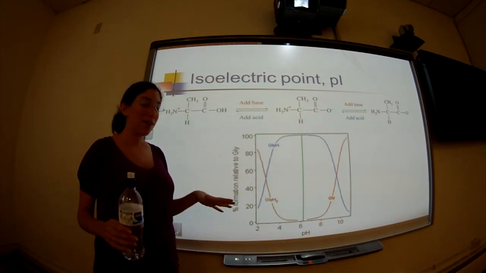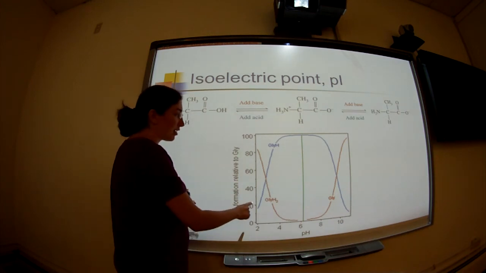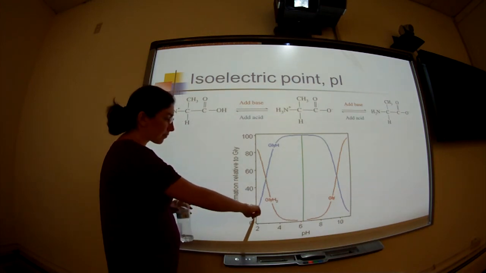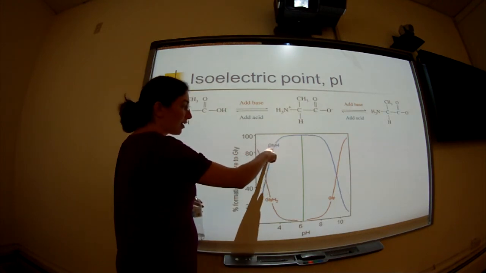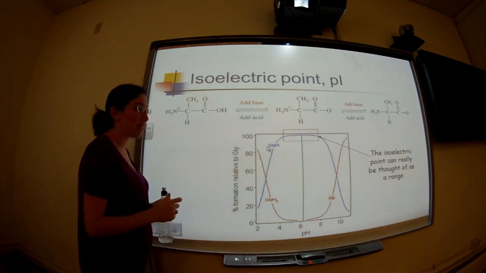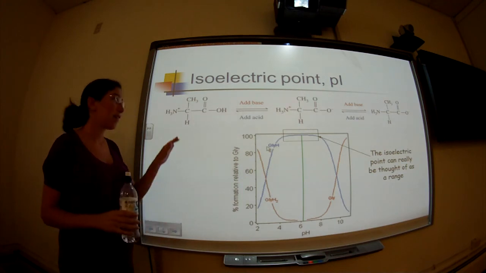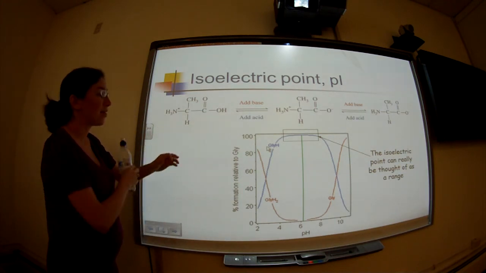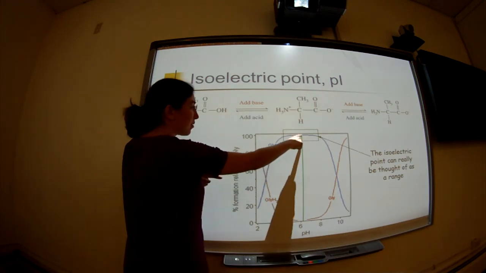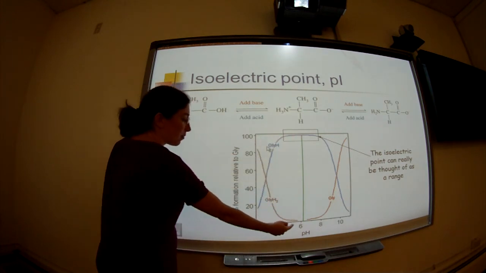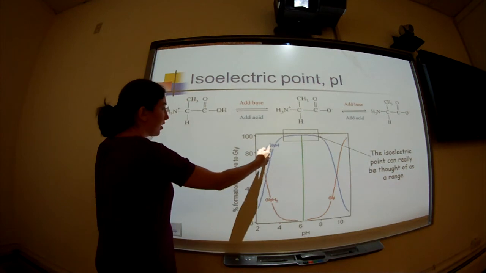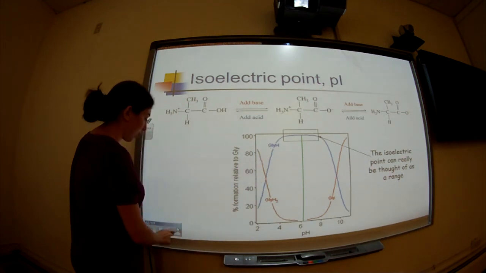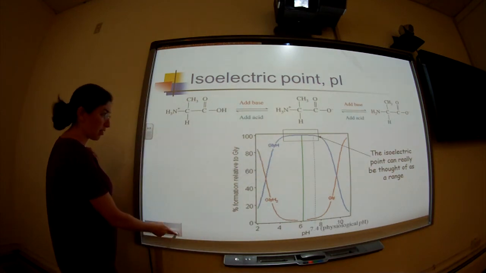So if you look here on this slide, in blue, glycine is the amino acid that's shown here. As the pH gets lower, what's going to happen? Let's see. Did I have it in the slide already?